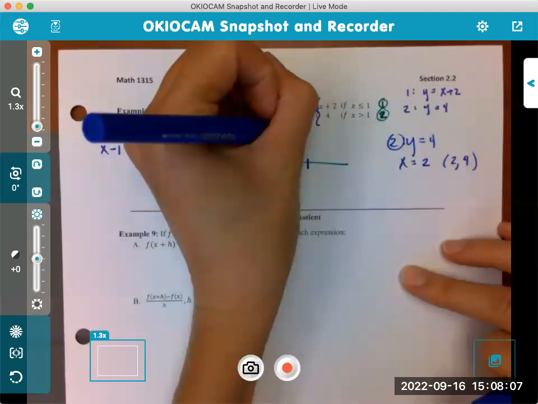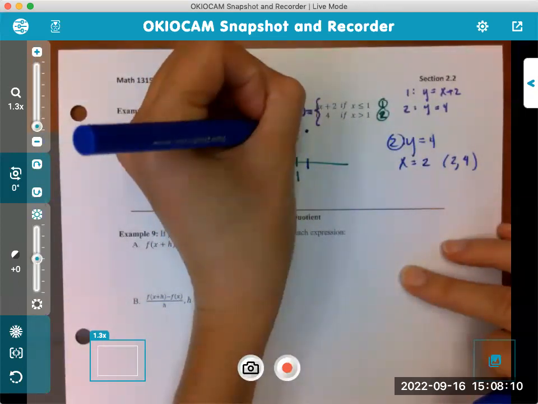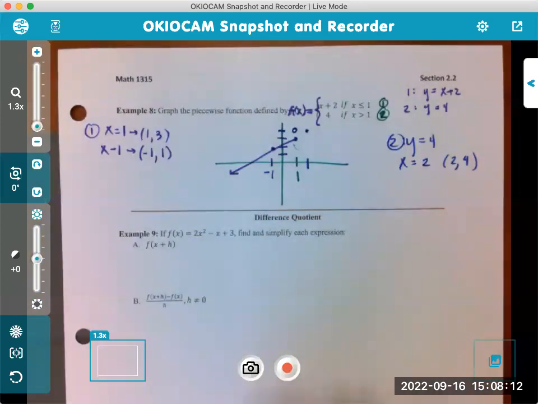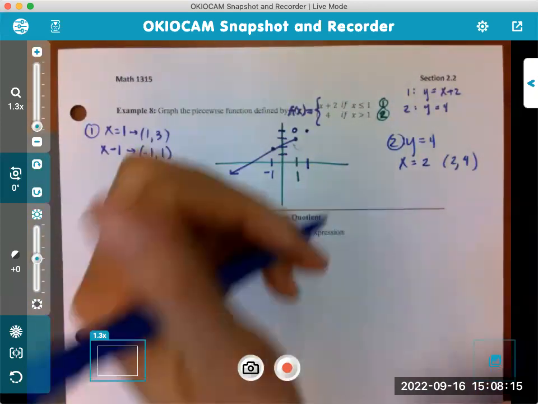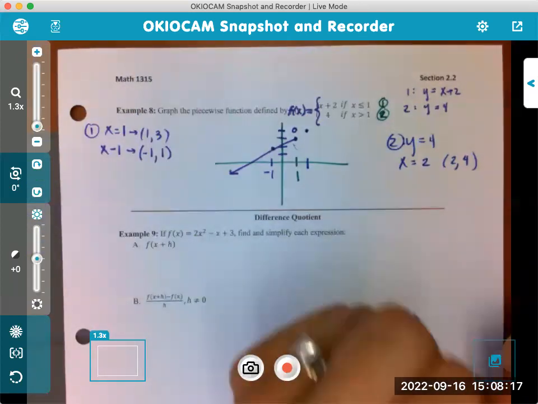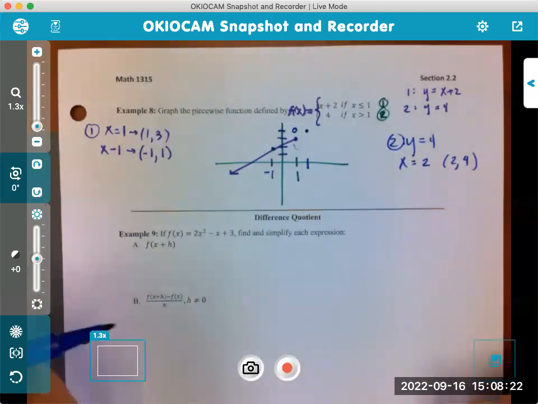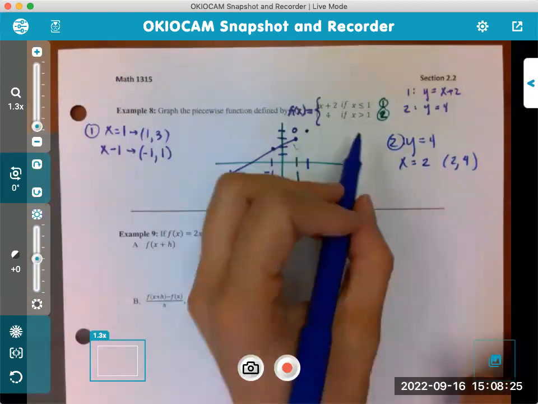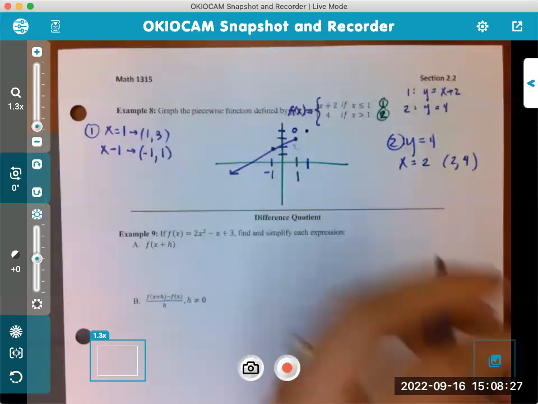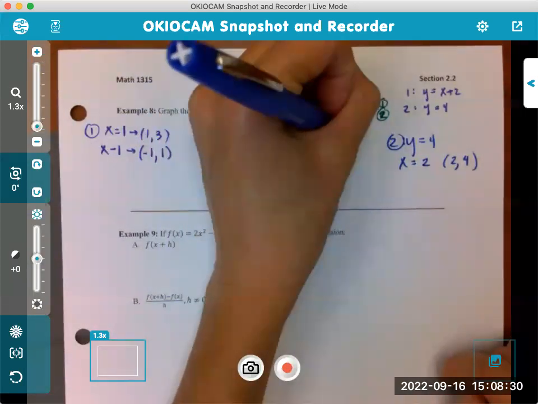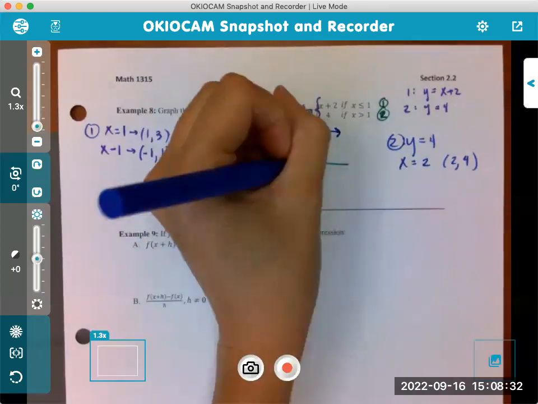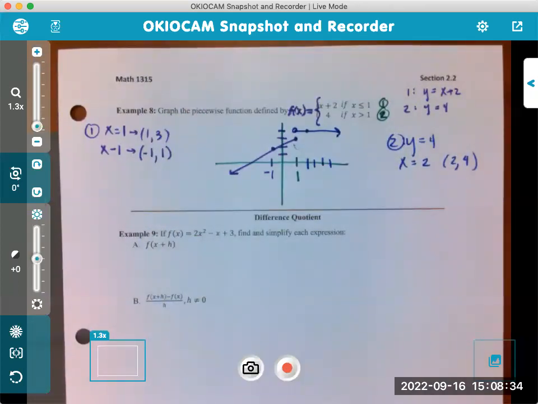So I have the point 2 comma 4, but also I have that open circle at 1 comma 4, because again, I can be 1.0000001 and still be greater than 1, right? We just cannot be 1 exactly. And then 3, 4, 5, whatever you want, also still at 4 because the second rule just says y equals 4.